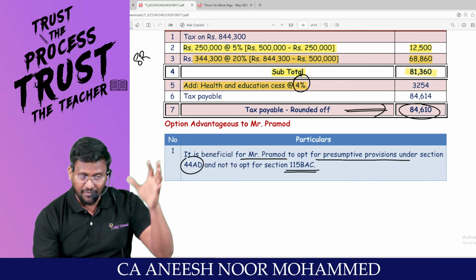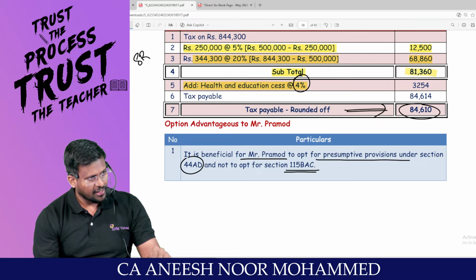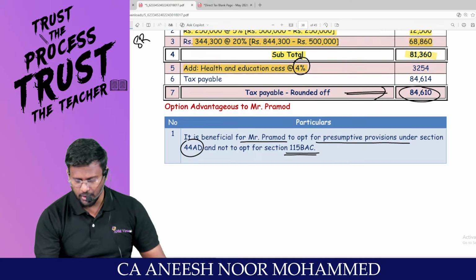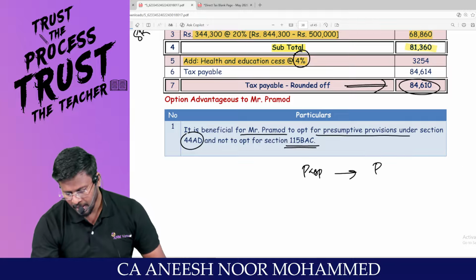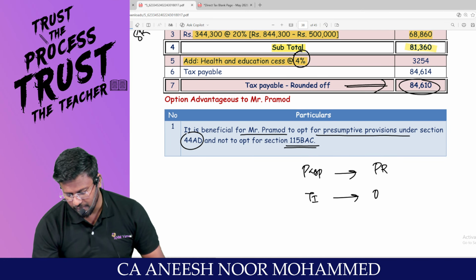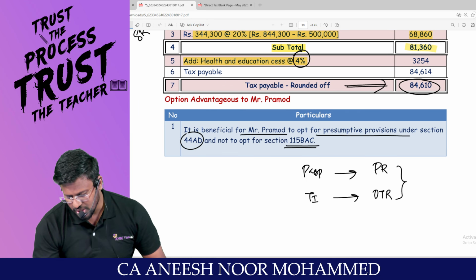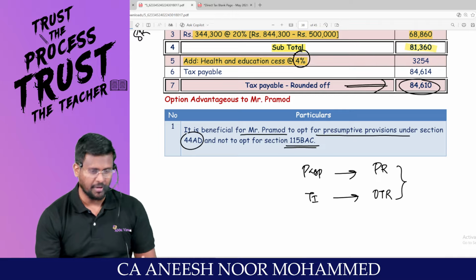Sir, since you are having Chapter 6A deduction, better not to opt the default tax regime. So for PGBP, better to calculate by the presumptive route, and for total income calculation, better to travel through the optional tax regime. This is the most beneficial route for the assessee, because the tax payable is nil.